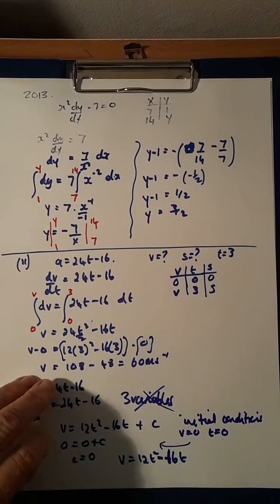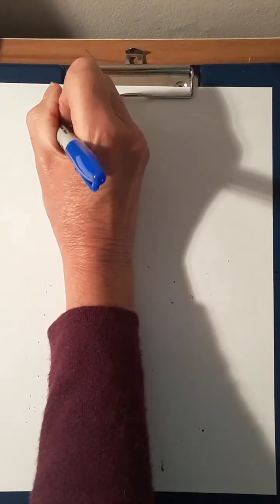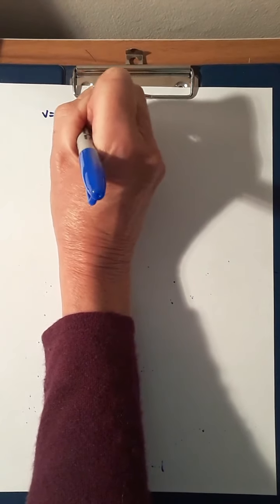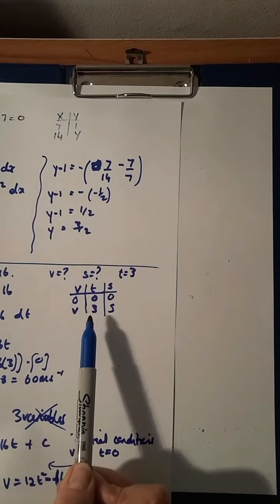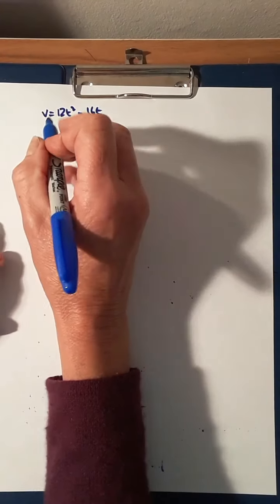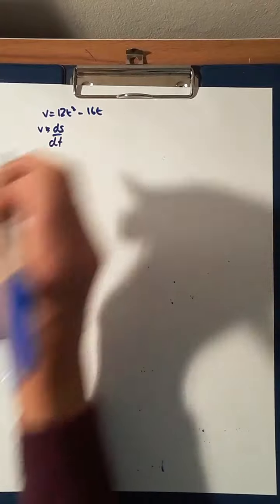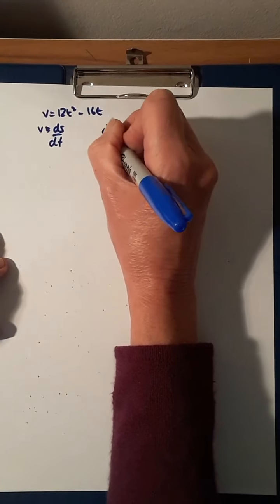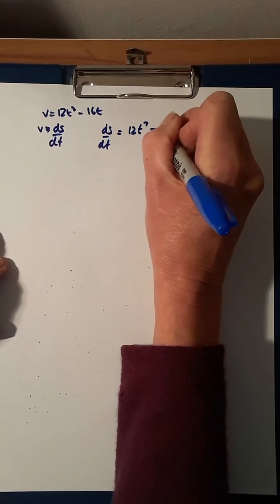Right, so v is equal to 12t squared minus 16t. I want to find the distance when t is 3. So I'll change this v to ds/dt, and then I'll have a distance and a time. So ds/dt is equal to 12t squared minus 16t.